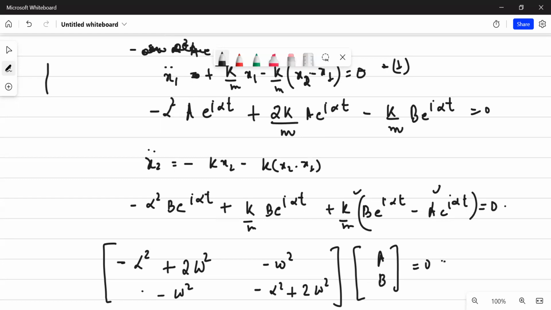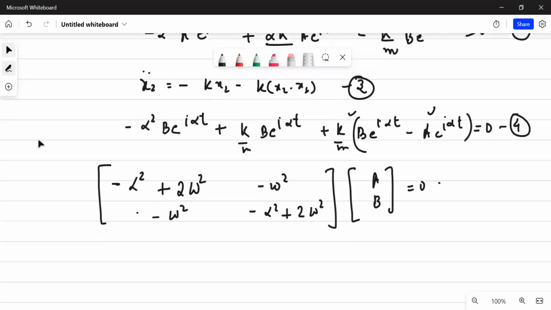Is that clear? देखो ध्यान से, मैंने क्या किया, this equation number you can say 2, this was equation number, let's say 3, this was equation number 4. So I have written 2 and 4 in matrix form, because e की power alpha t should be non-zero, so that part. Is that clear? Yes.